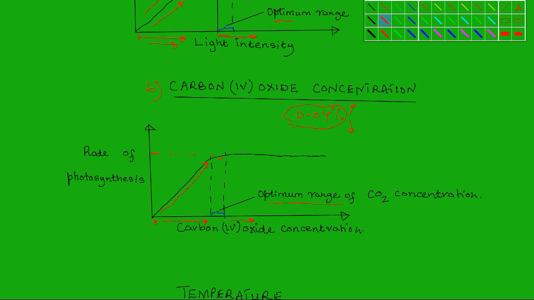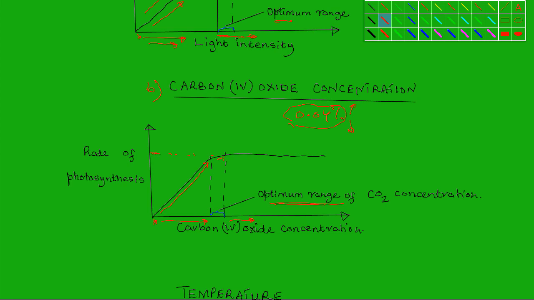So the rate will proceed at the optimum range of CO2. It is as if the extra carbon dioxide available have no role to play in photosynthesis, because remember, the other factors are not increasing in step, so they become limiting.